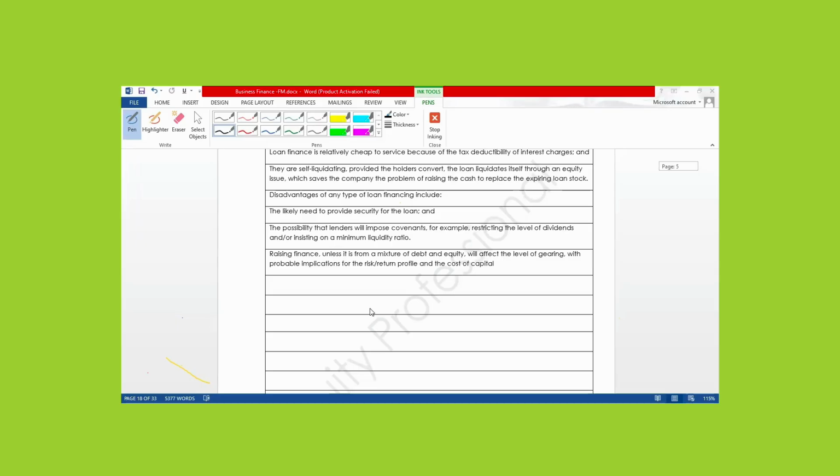So will it not be to the detriment of the lenders if they are insisting on a minimum liquidity ratio? They are simply telling the company to go down, because the company will go under. If the company goes under, how do you then, as a lender, recoup the loan you gave out to the company?